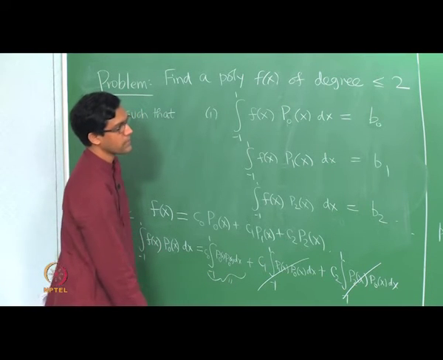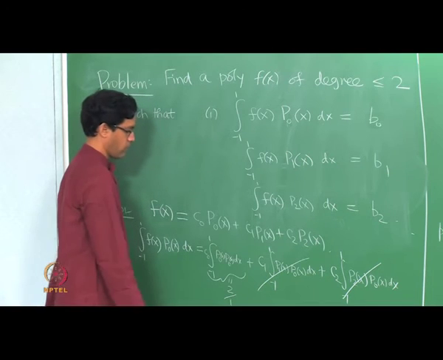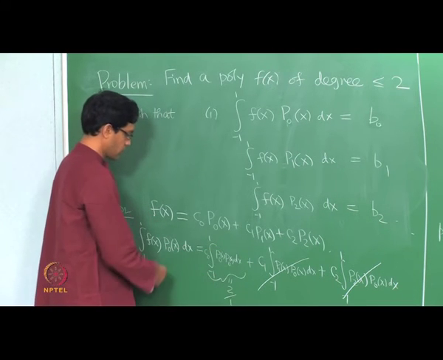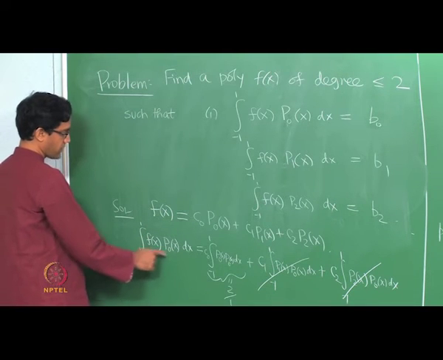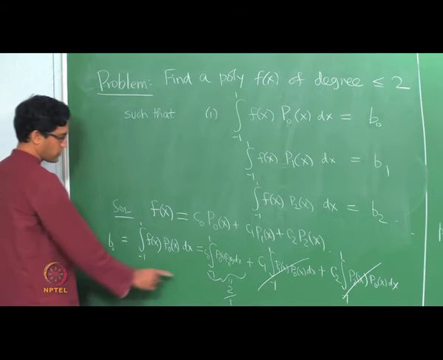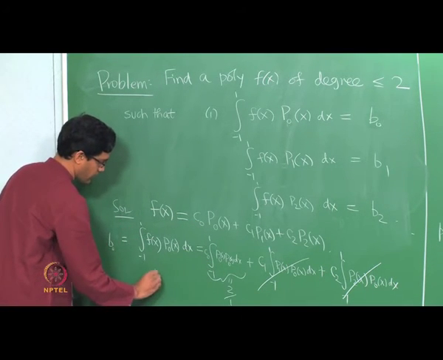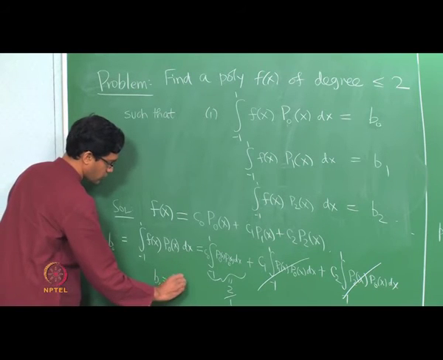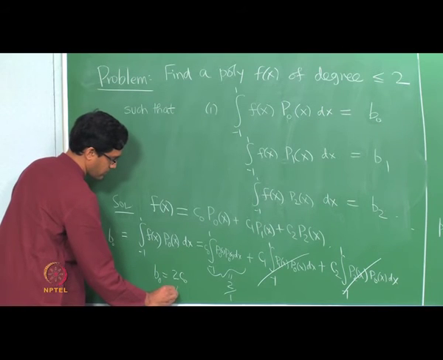Well, the answer according to that is 2 divided by 2n plus 1, so it is 2 divided by 1. So this integral is 2. So what it says is that you get the following equation, integral f(x) p0(x) is the given constant b0, but on the other hand it should be 2 times this scalar c0. So we conclude b0 is 2 c0, and so c0 therefore becomes b0 divided by 2.